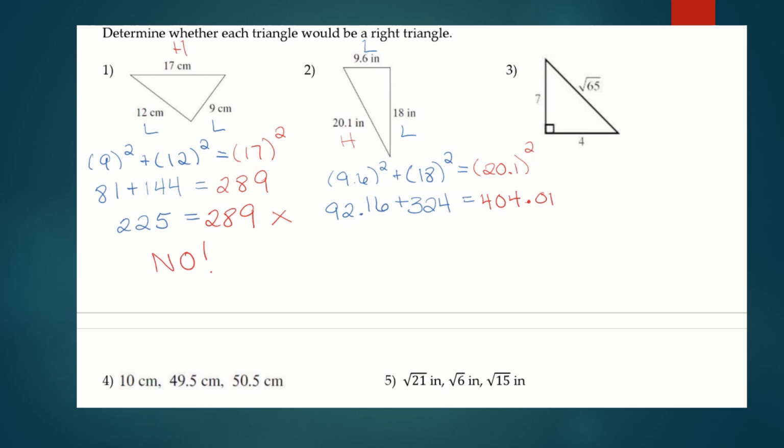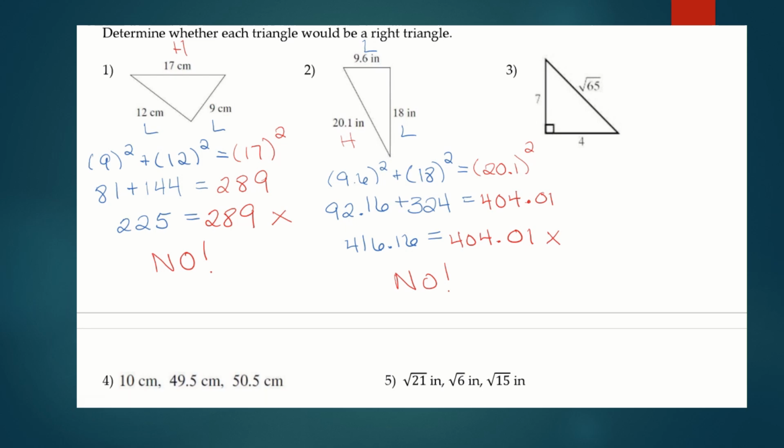And when I do that, I get 416.16. Now, is that equal to the right side, to my red side, which is 404.01? It is not. It is not equal. So this is not a right triangle in number 2.